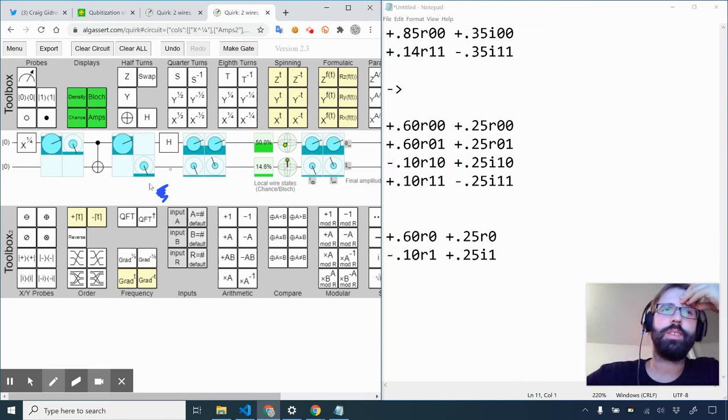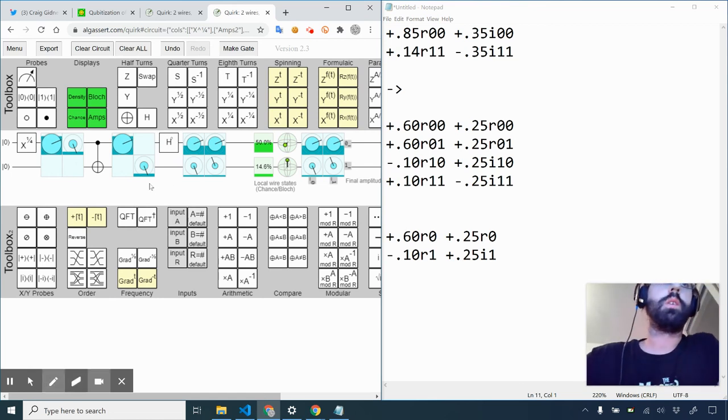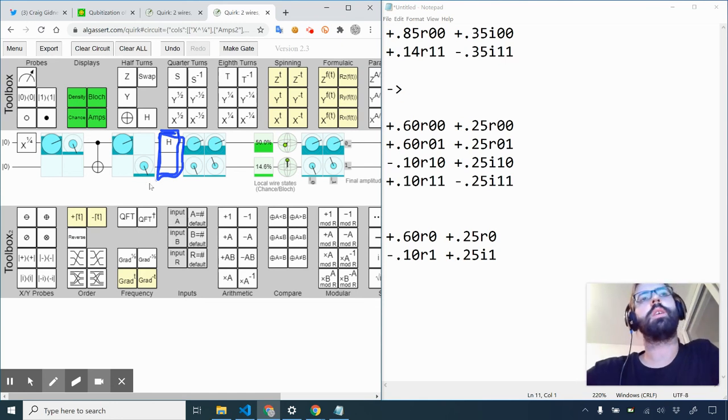Because the partial Hadamard in here, maybe there's no way to generalize that, but the partial Hadamard in here is superposing. It's actually helping me superpose. It's really superposing an entangled state. That's all it's doing. It's superposing an entangled state.